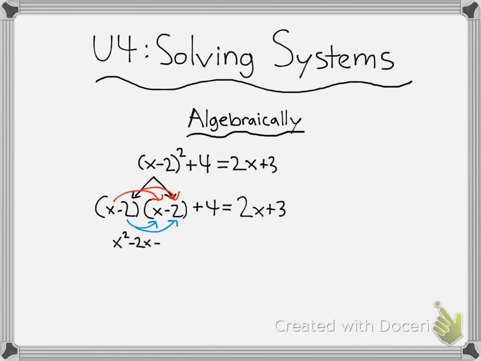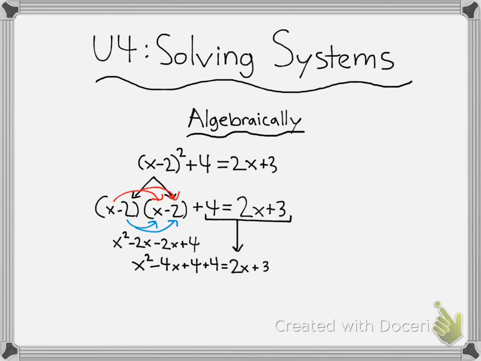So we'll write down all these numbers we got, and once we get these, we'll combine the like terms of negative 2x and negative 2x to form negative 4x, and we'll have x squared minus 4x plus 4, and we'll carry down the stuff that we have up here. Plus 4 is equal to 2x plus 3, and we'll bring it down.